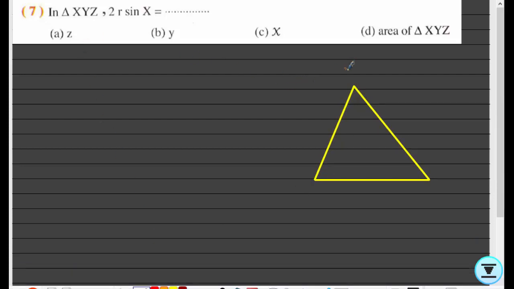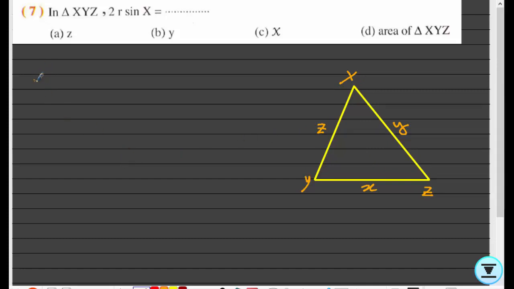It is the triangle XYZ. Now we have the length of YZ equals x, and the length of XZ, it is y. The length of XY, it is z.